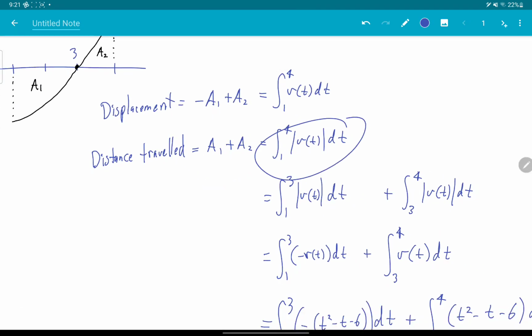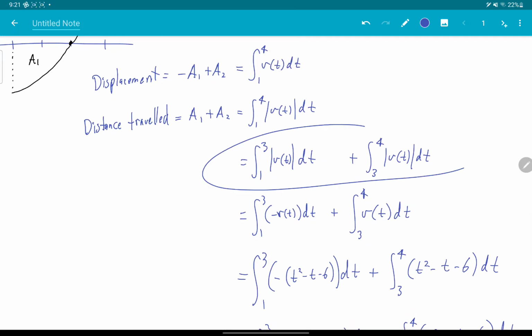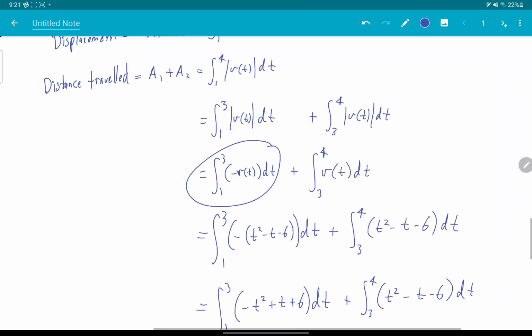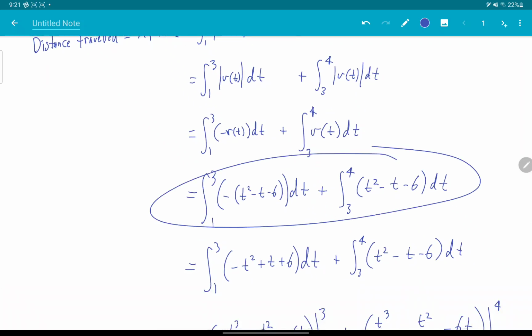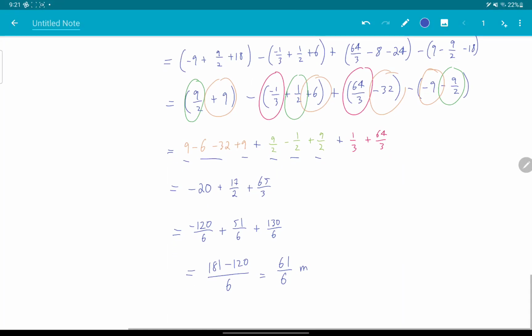So I use the absolute value here. That requires that I break my integral up into two pieces. One of them gets a negative sign due to the absolute value. One does not.